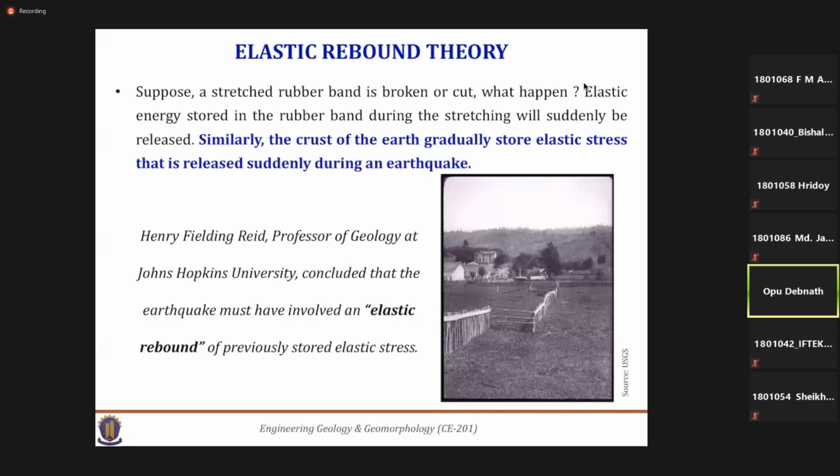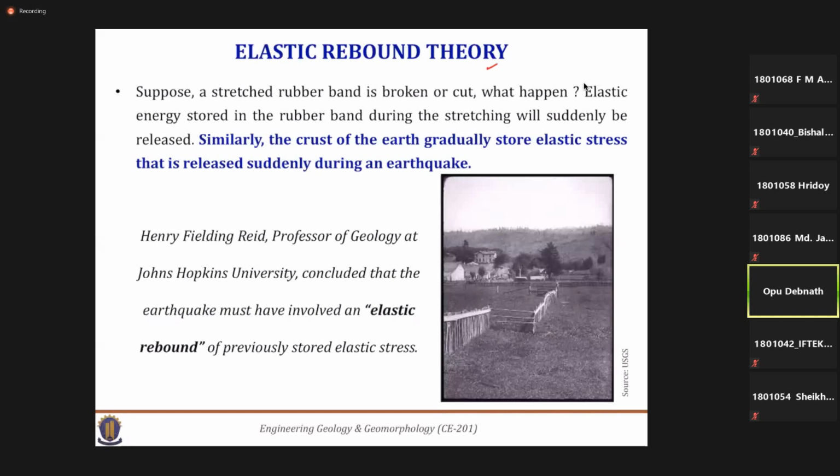But in reality, this phenomenon is defined by the elastic rebound theory. This is by Henry Reid, a professor. He provided this theory. The elastic rebound theory is very similar to a stressed rubber band. Suppose you are stressing a rubber band up to a certain limit, so it stores potential energy.